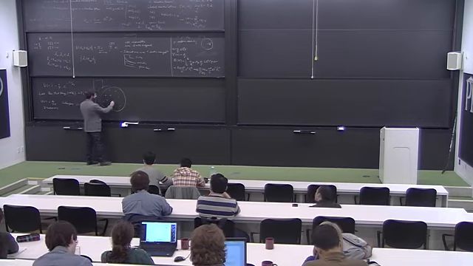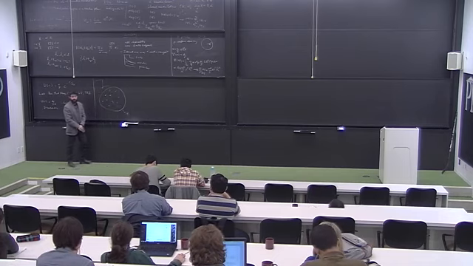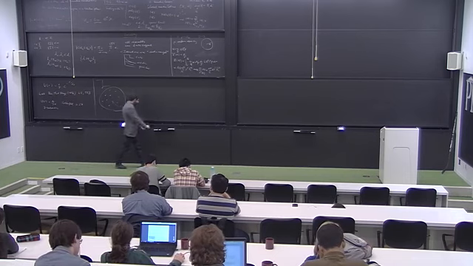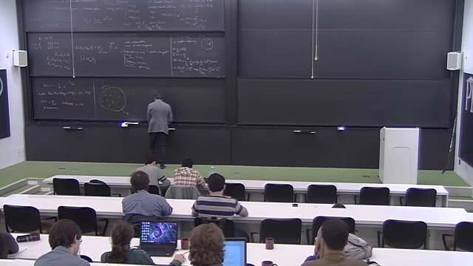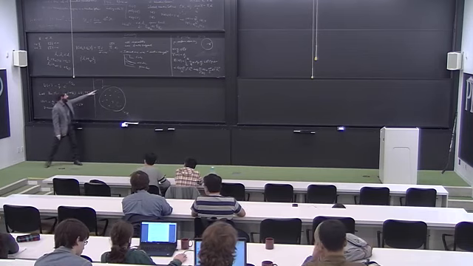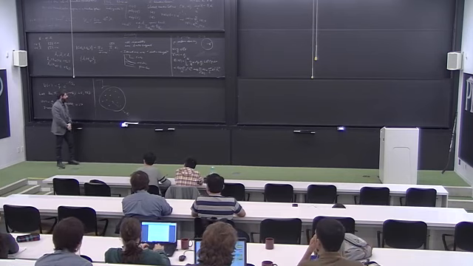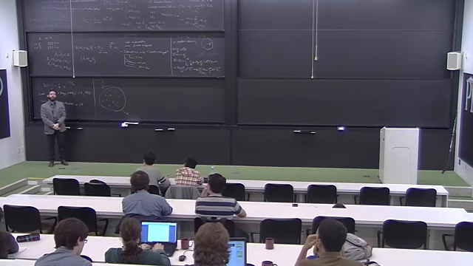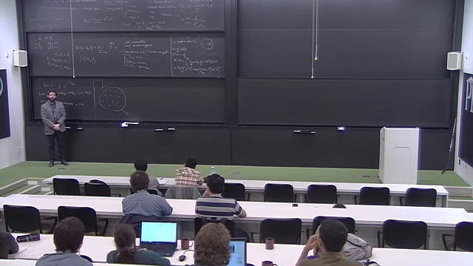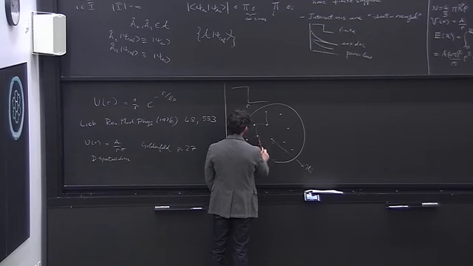So to each i, we have some Hilbert space h_i. And we want to put some structure such that we can make sense of what it means to be at some distance r. The simplest thing that we can do is to put them on a graph. So I will start putting some edges.